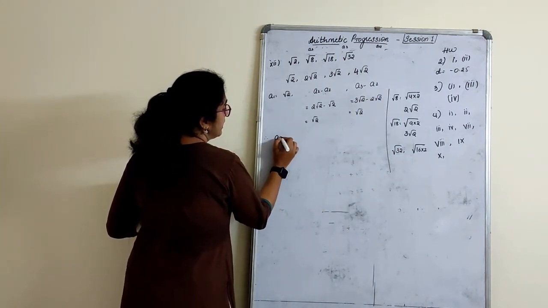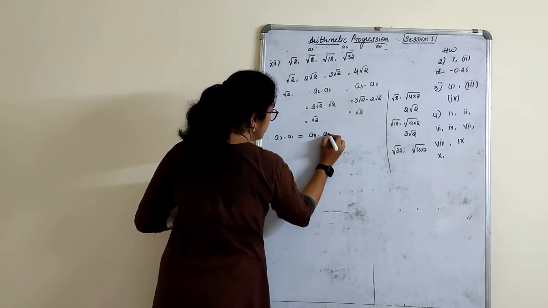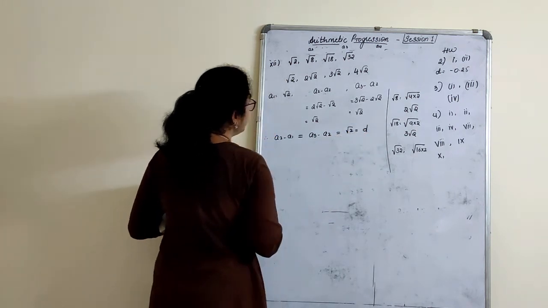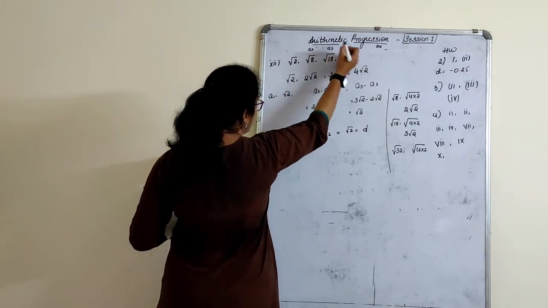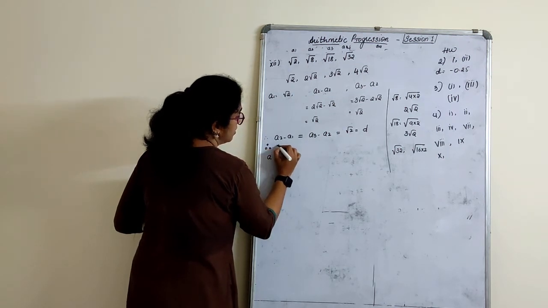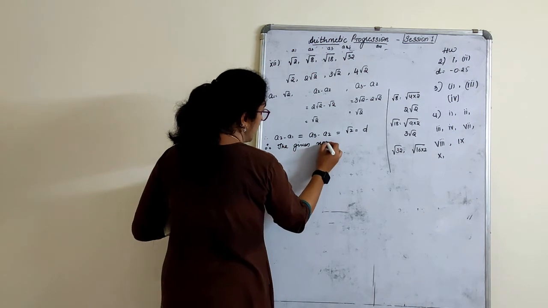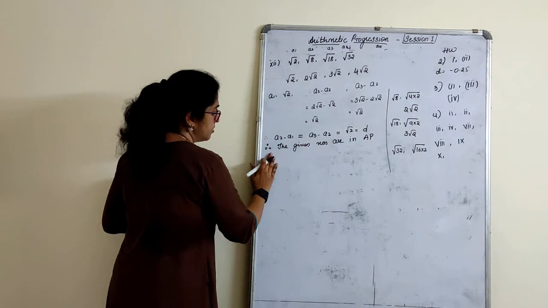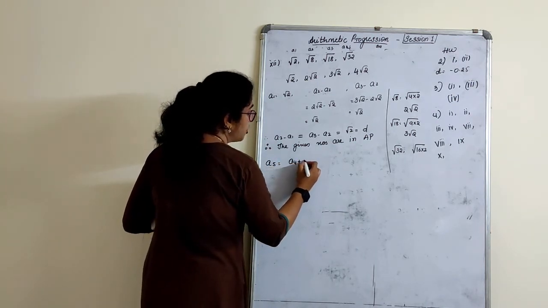Therefore, a2 minus a1 is equal to a3 minus a2, that is equal to root 2. That is the common difference. First term, second term, third term, fourth term. So the given numbers are in AP. So a5 is written as a4 plus d.